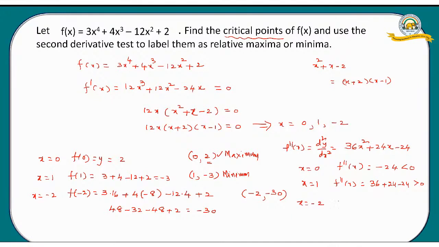At x equal to minus 2, f double dash x equals 36 into minus 2 squared, 4, 36 fours are 144, 24 into minus 2, minus 48, minus 24. So again, f double dash x is positive. That means the function attains a minimum at x equal to minus 2.